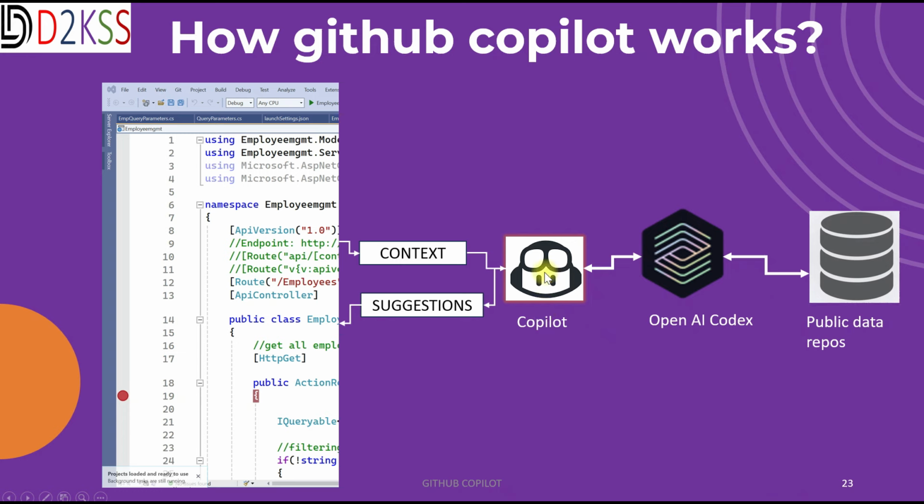This GitHub Copilot AI model communicates with OpenAI Codex, which communicates with public data repos, and it provides the suggestions required to complete that scope of the code. Awesome. Why? Because it will save your time when you are writing code. When it starts prompting, you can accept the suggestions and complete your assigned task within the time or even before the time itself.